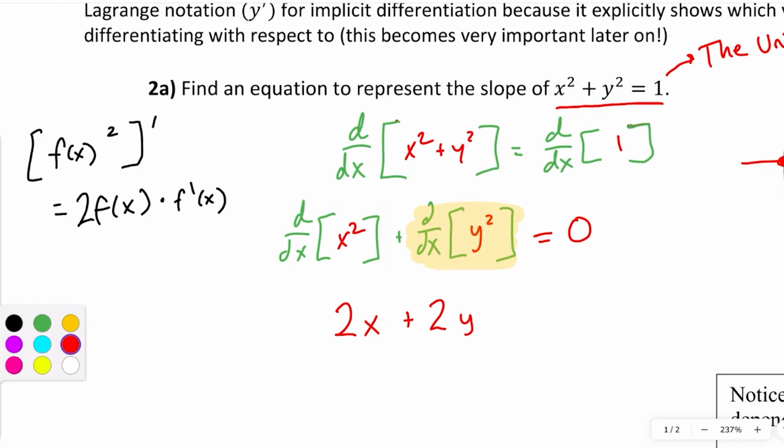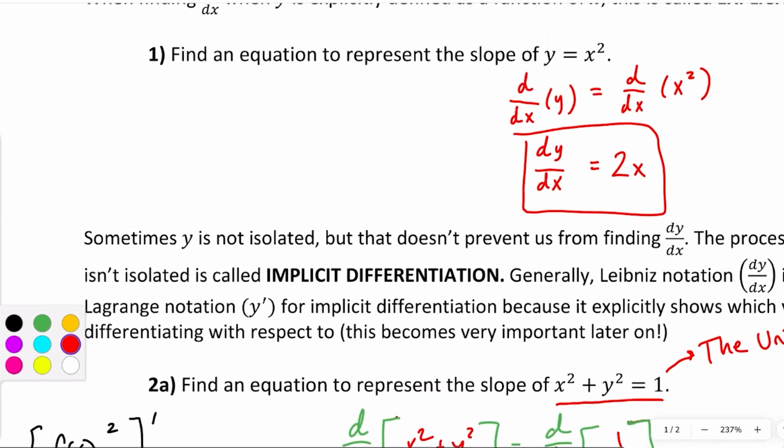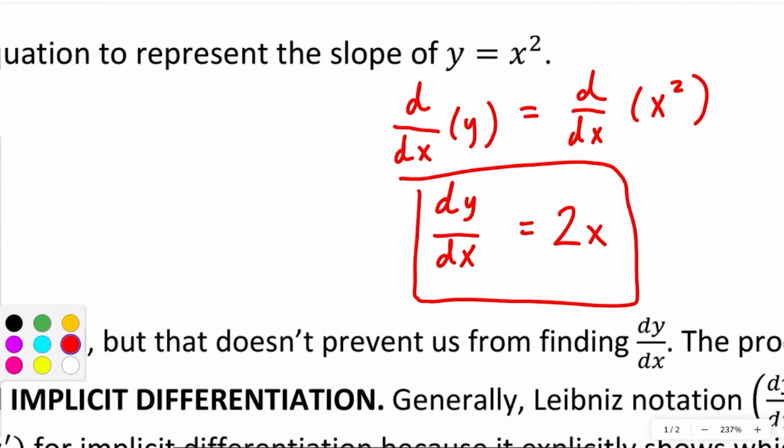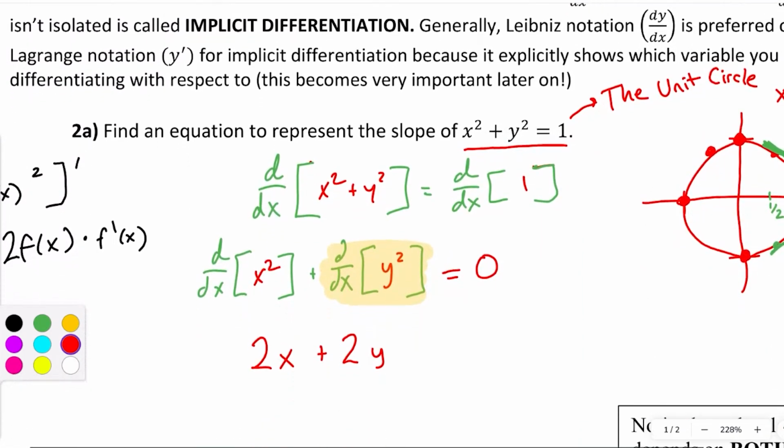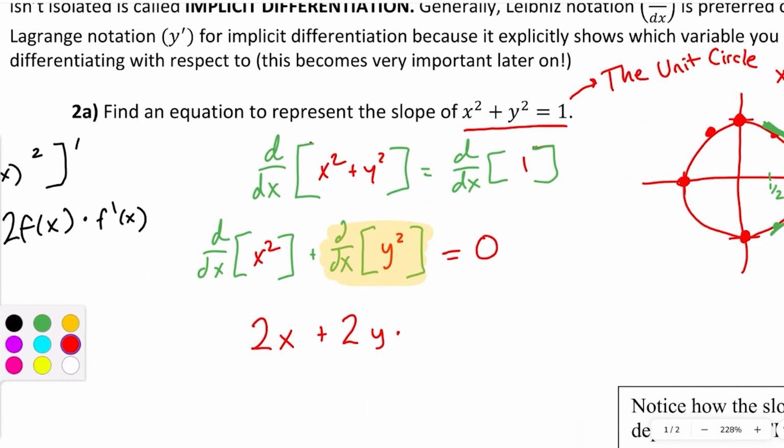But we also need to multiply this by the derivative of y with respect to x, which is dy dx, like we saw up here. The derivative of y with respect to x is just dy dx. So times dy dx.